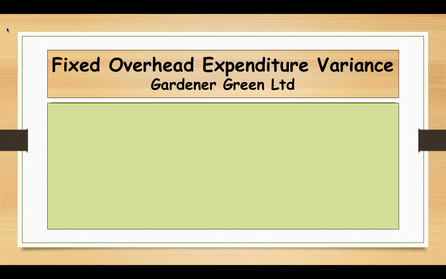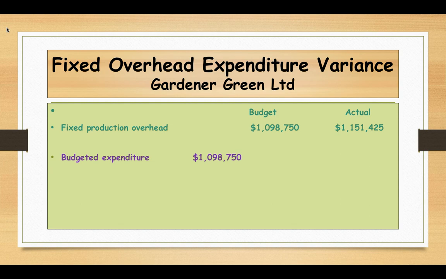We are going to calculate the fixed overhead expenditure variance for Gardner Green Limited. As I mentioned before, this is one of the very easy variances to calculate. So we are going to take the fixed production overhead budgeted figure and the fixed production overhead actual figure from the question. The budgeted expenditure is 1,098,750.